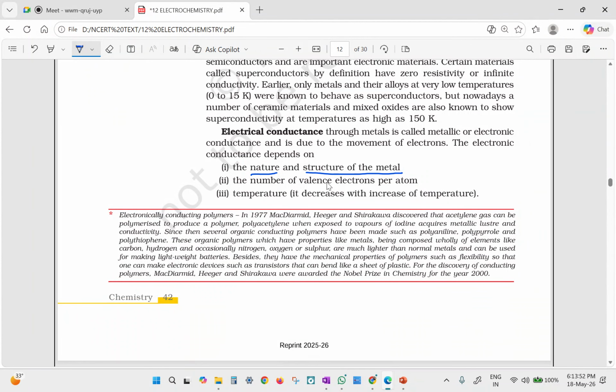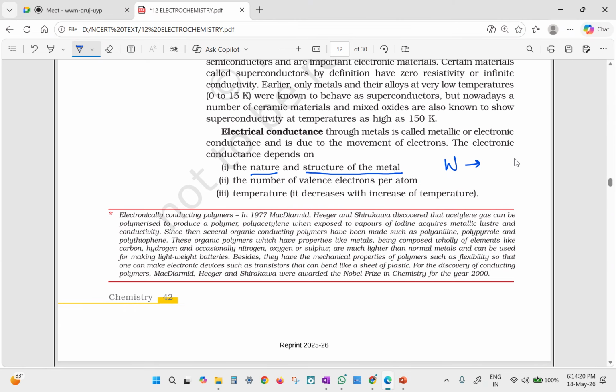Apart from that, there are some metals which may offer great resistance, like tungsten, and because of high resistance only, it is used to make the filaments, correct? It offers high resistance. When there is a high resistance, the electrons struggle. This is about the metallic one.